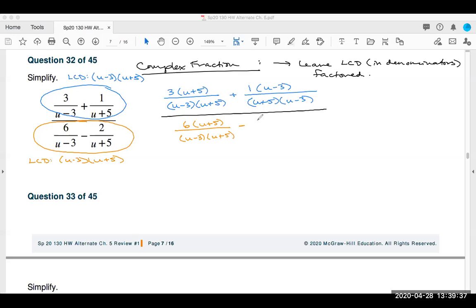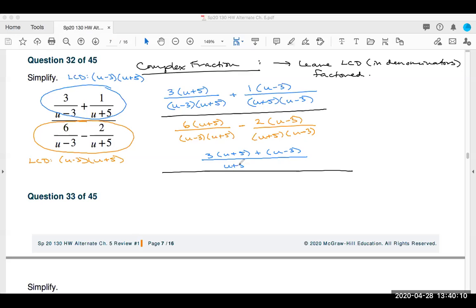We have subtraction 2, we're missing u minus 3 top bottom. Okay. Then remember in the next step what happens. On the top, we can combine the fraction into 1. Okay, on the bottom, same thing.